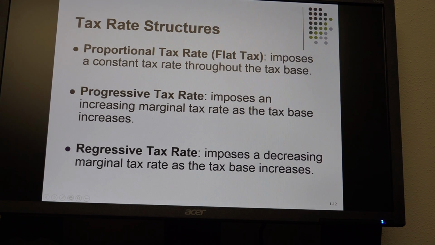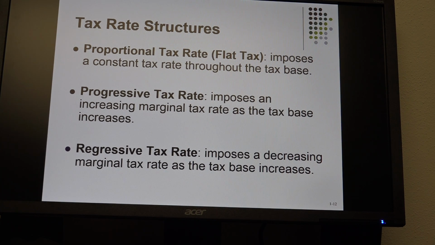Some taxes, not the federal income tax, but some taxes are regressive, because they impose a decreasing marginal tax rate as the tax base increases. And so some examples of regressive taxes are employment taxes.